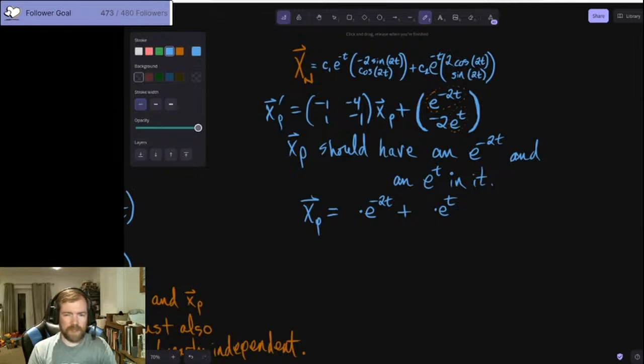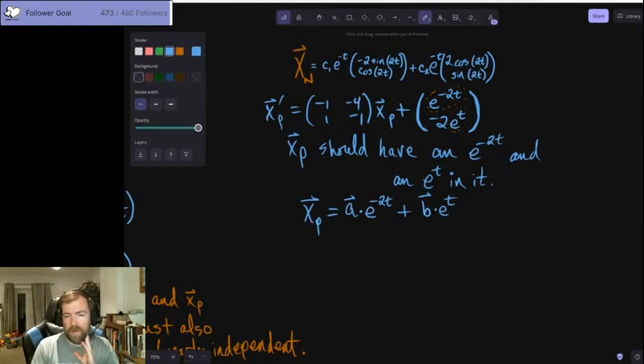So we should have a vector multiplied by each of these things, to make sure that we have vectors in the first place. Otherwise we're going to have a 1-by-1 matrix, and that's not cool.